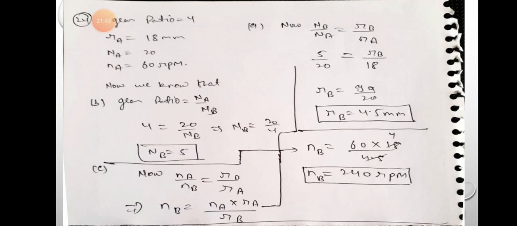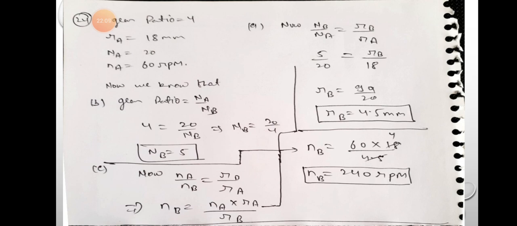Now in the part A we have to calculate the radius of the gear B. So you can easily make out that NB upon NA is equals to RB upon RA, and solving this particular equation for RB we will get RB is equals to 4.5 mm. Now again, using the same formula, NA upon NB is equals to RB upon RA, NB can be calculated.